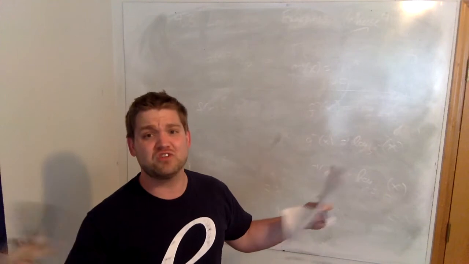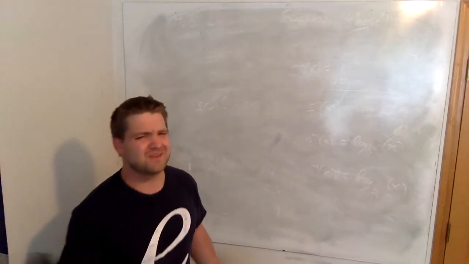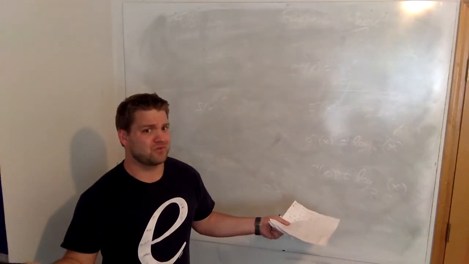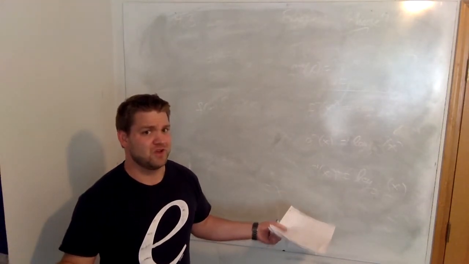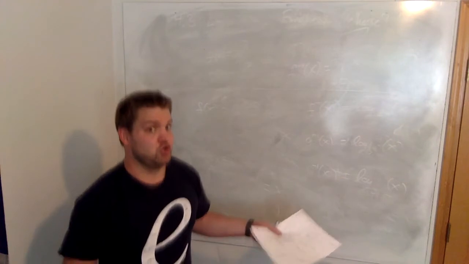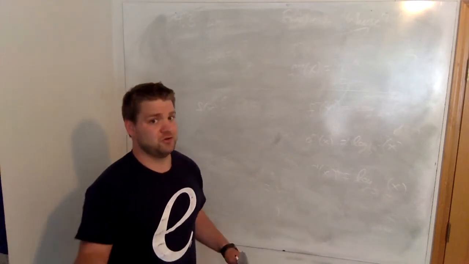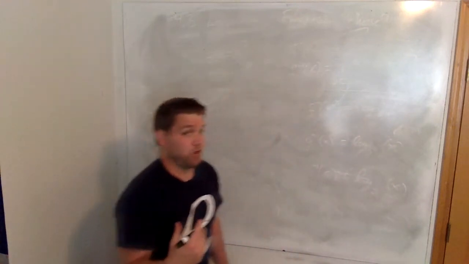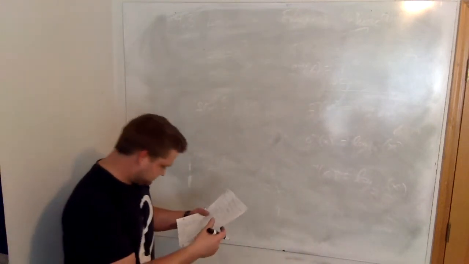What are they? Could you explain them to me? What would you say? Oh, well, they're just inverses of exponentials. Logarithms, that's all they are. Just like how the cube root is the inverse of x cubed. So that's how I would explain them. What are logarithms? They're inverses of exponentials.